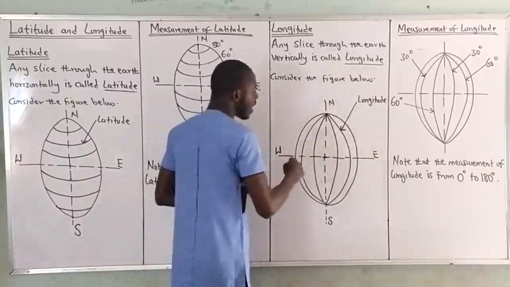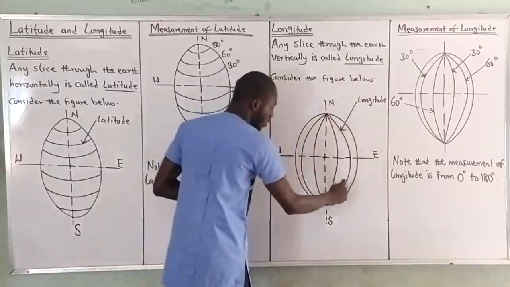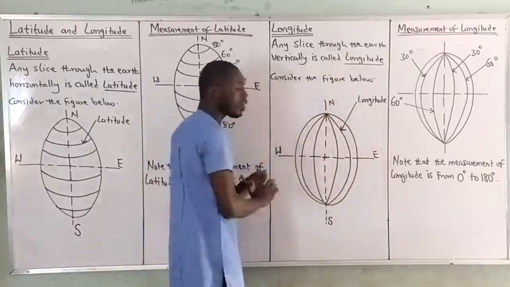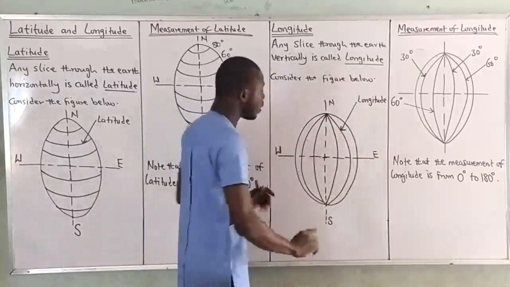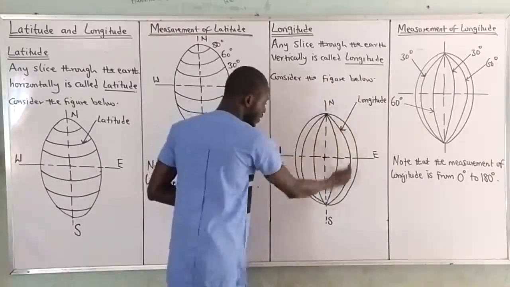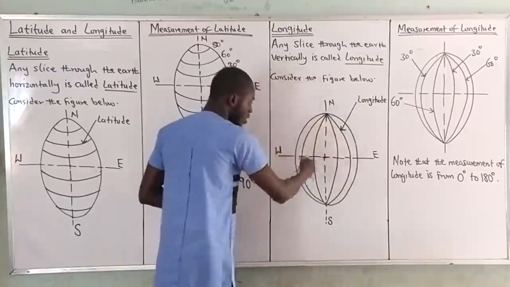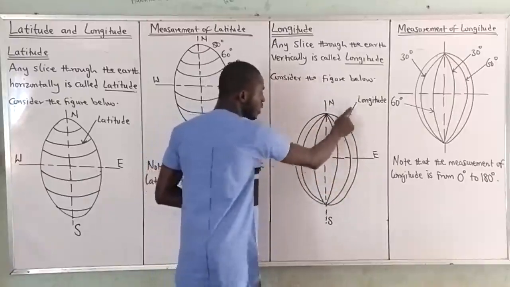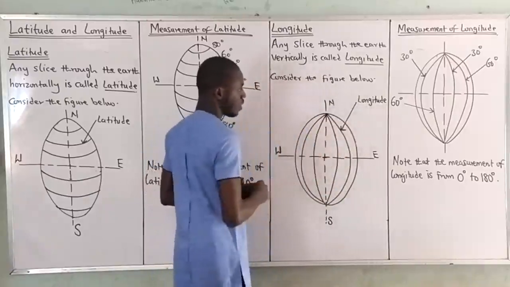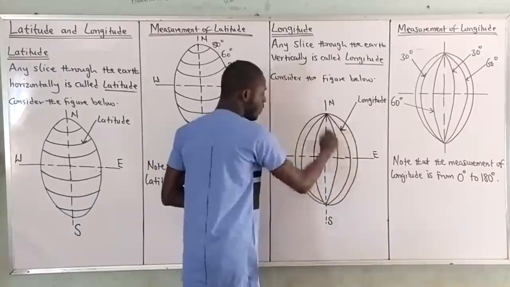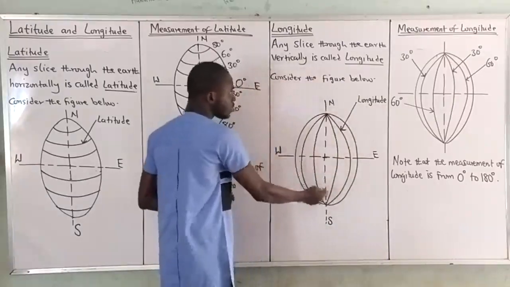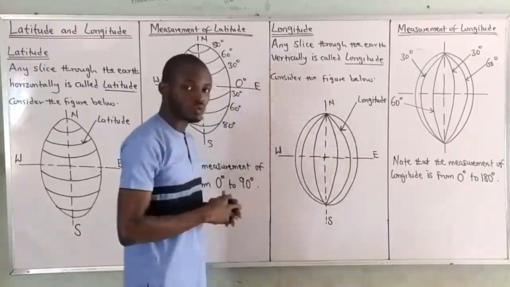You can see that the slice is vertically, no longer horizontally. These are what we refer to as longitude. A vertical slice on the earth's surface is what we refer to as longitude.